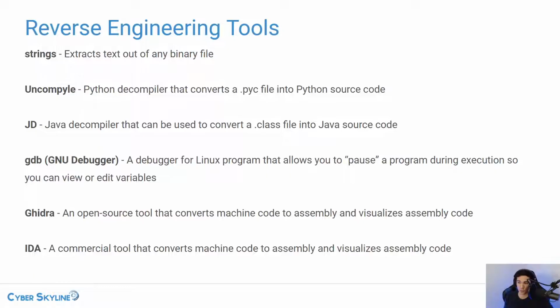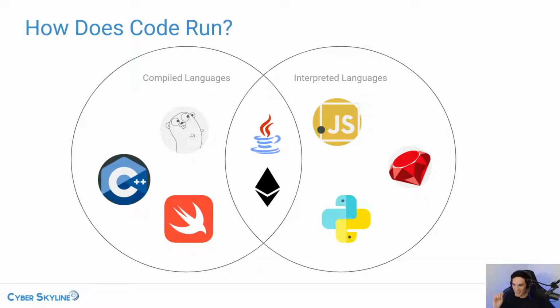Next up, I've got two different decompiling tools. Now, at this point, I'll have to admit that what I said on the previous page about Python is slightly off from an interpreted language. Python here is categorized as an interpreted language. It is, but you can also compile Python to be more efficient.